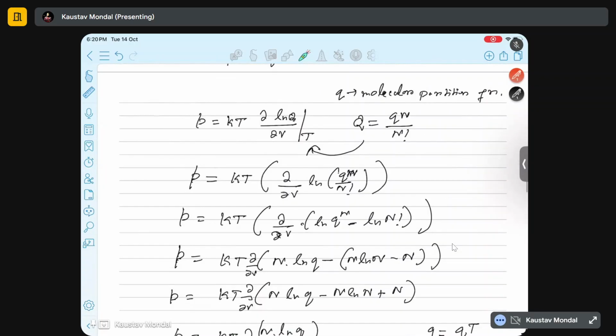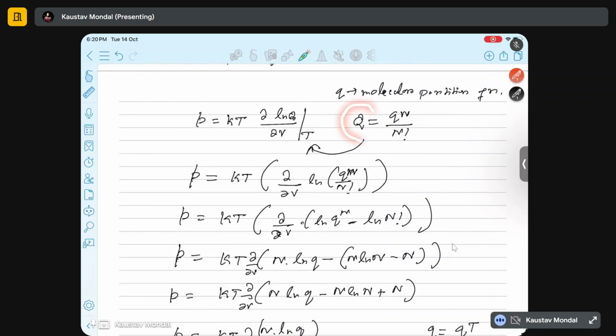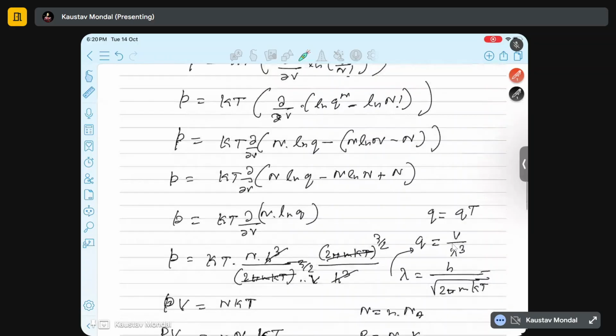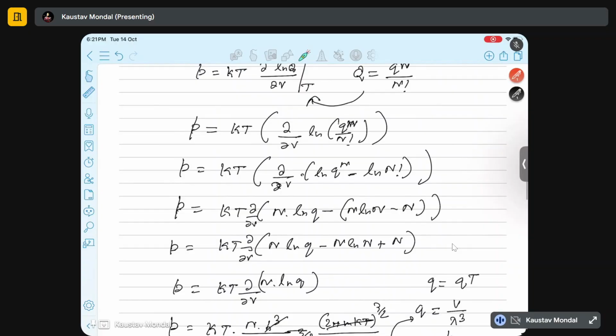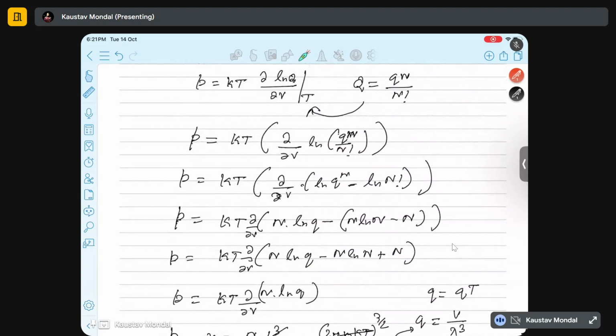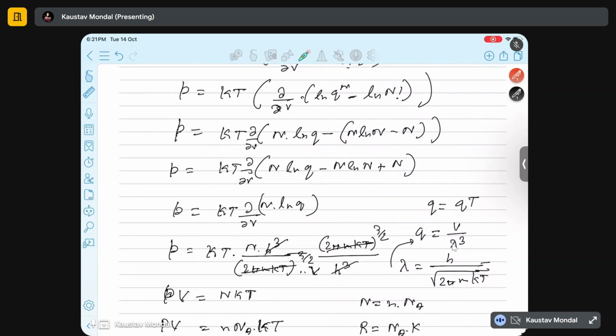For that, we considered the partition function Q of that perfect gas, where we only include the translational terms. So that is V by lambda cubed. V is the volume where the gas is contained, and lambda is the thermal wavelength associated with the gas molecule.